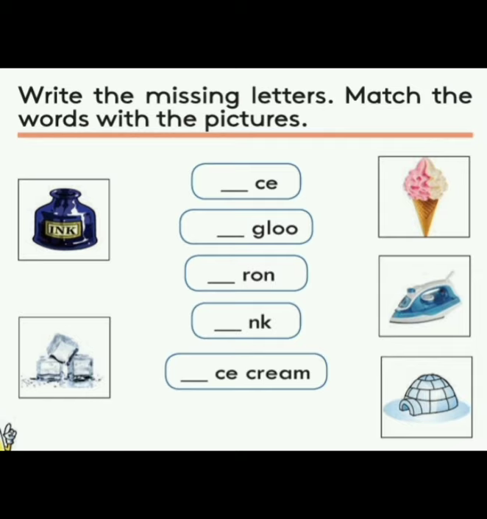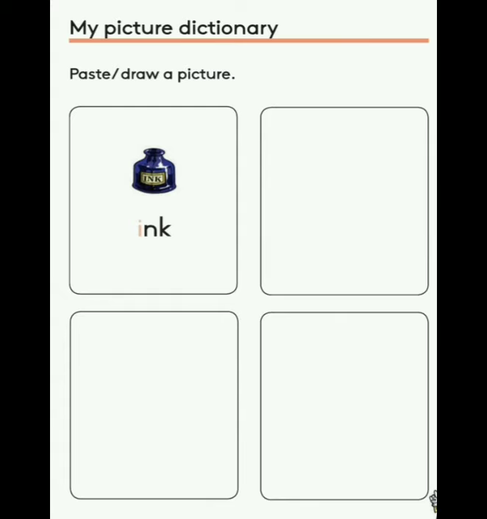Children, what is the final activity exercise given in your book? As usual, it is from the picture dictionary part. The first one, they have drawn an ink bottle and named it as ink, I-N-K.